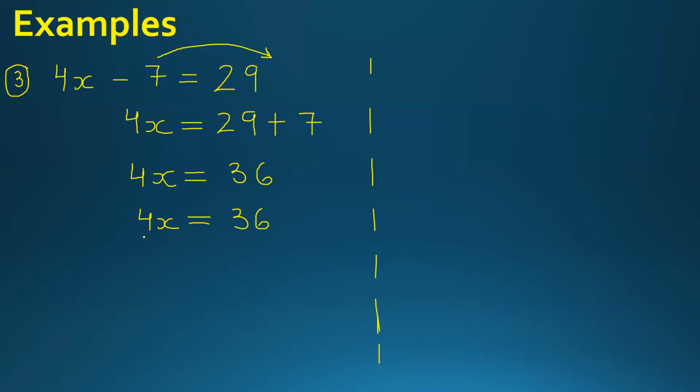Very good. Divide both sides by 4. 4 divided by 4 is what? They cancel out, right? And 36 divided by 4 is what? 9. Very good. Okay, good. Perfect.